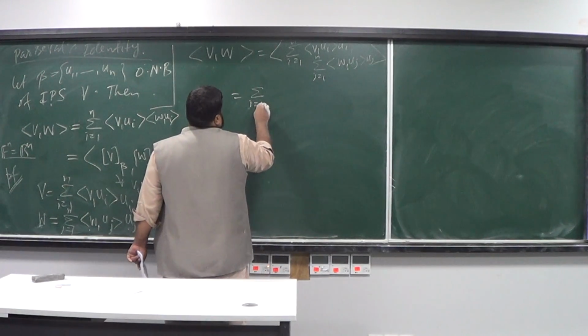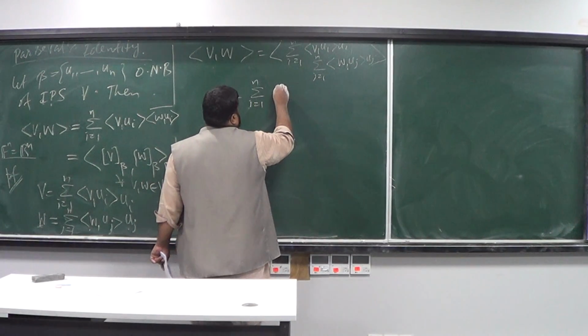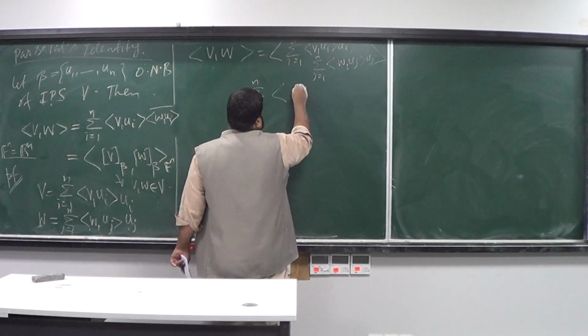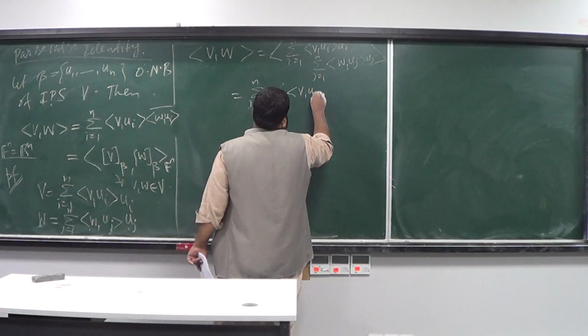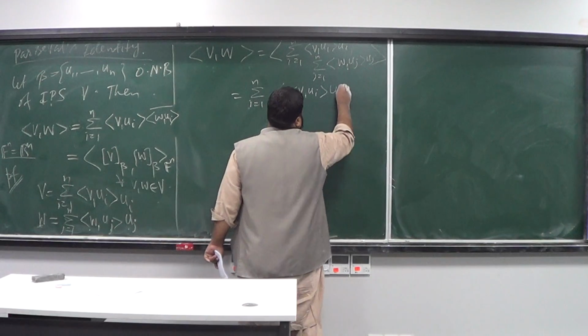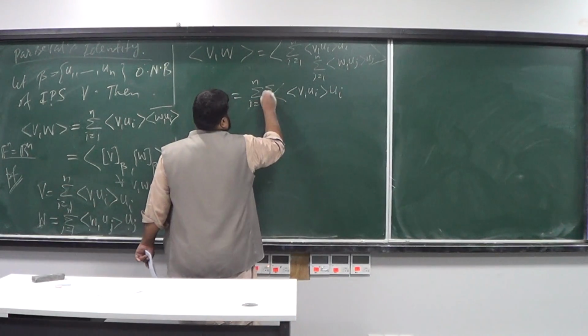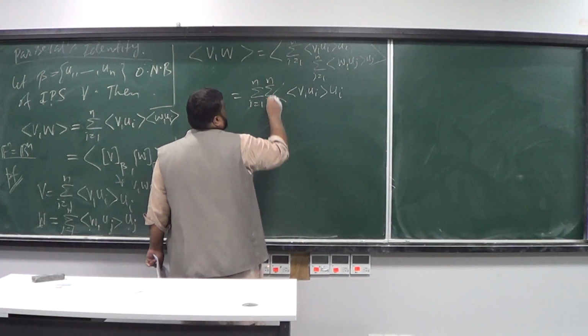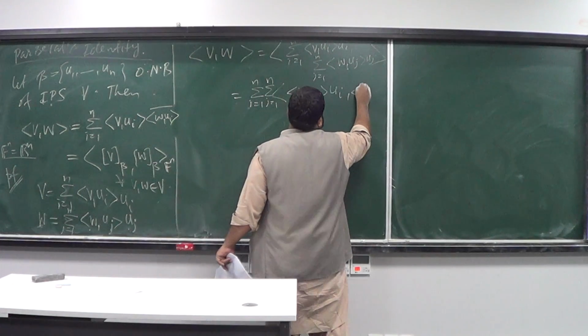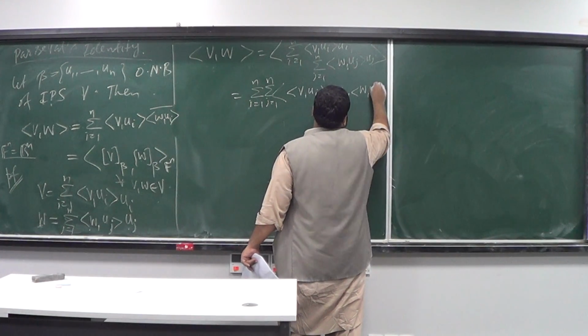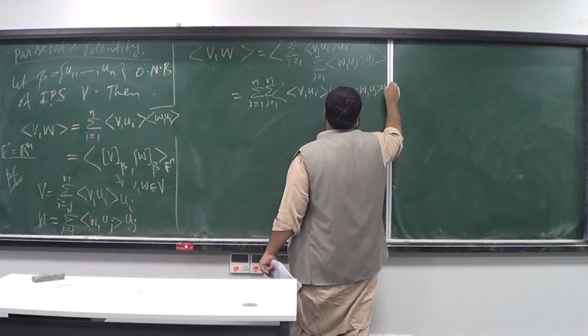So you're going to have the sum over i, the inner product of v, ui, ui, and the sum over j, and the second component is w, uj, uj.